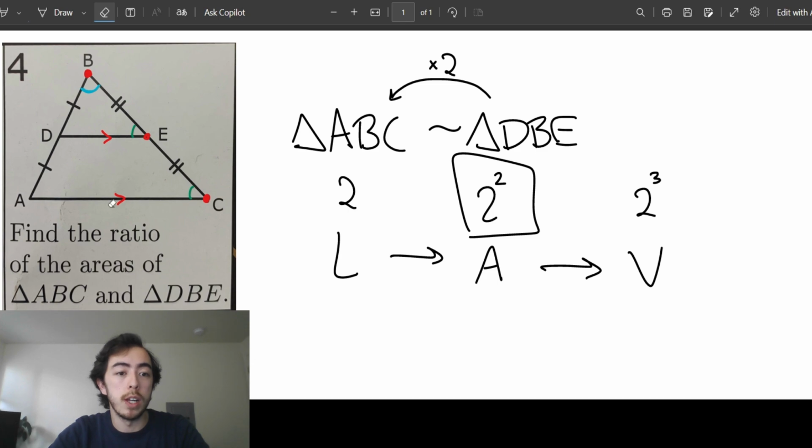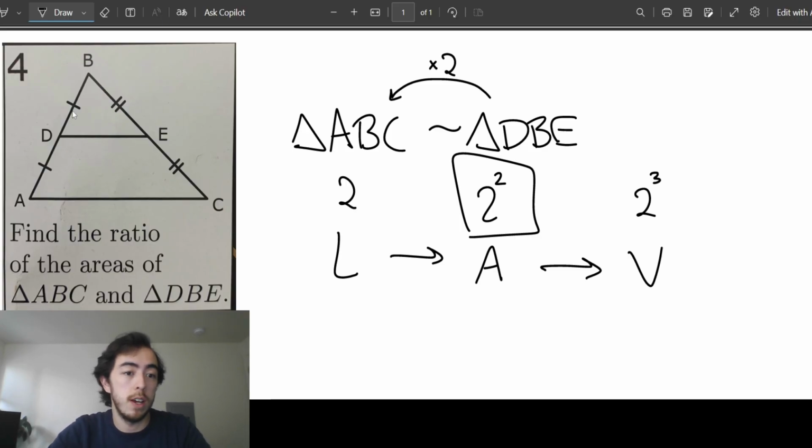One more way we could prove that the ratio between the areas should be 4 is just to draw more triangles in this diagram. So we can still assume that these are parallel. We can assume that all these angles that I'm drawing right now are congruent. And I am just going to draw the reflection of this top triangle here.